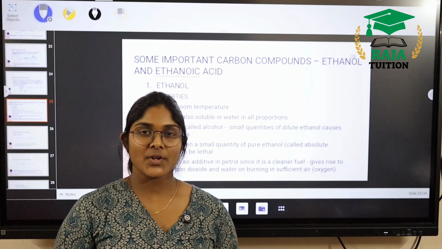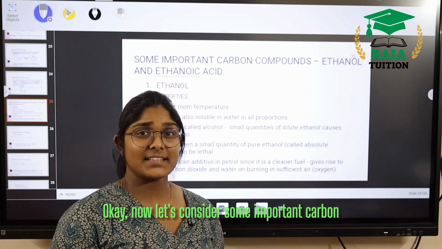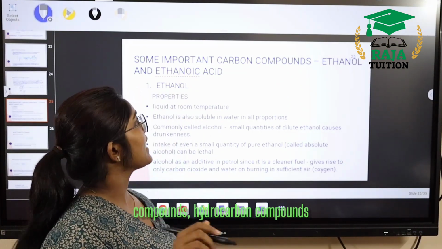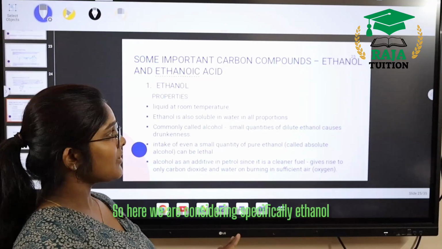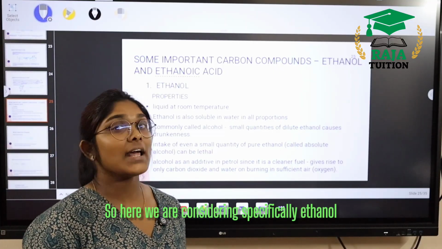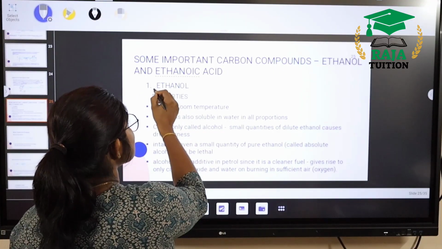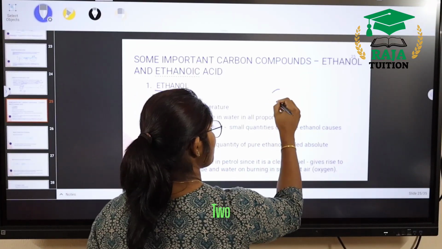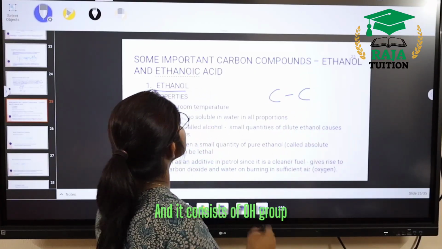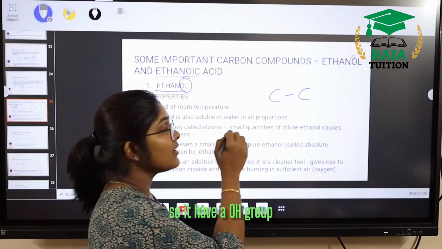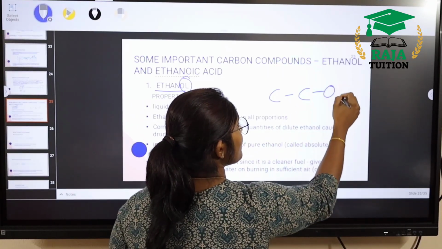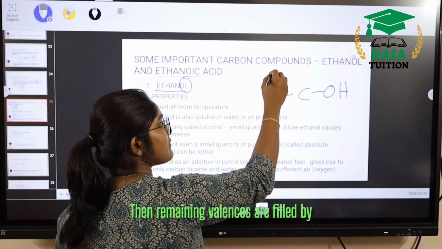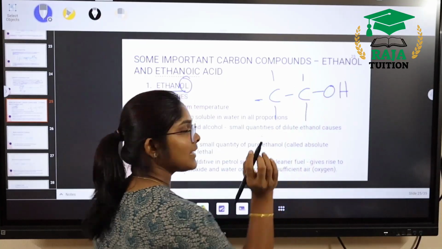Okay, now let's consider some important carbon compounds. Here we are considering specifically ethanol and ethanoic acid. First, ethanol. How many carbon atoms will be there? Two. And it has an OH group. The remaining valencies are filled by hydrogen.